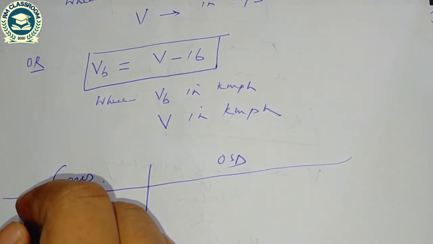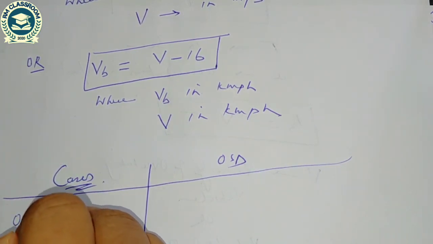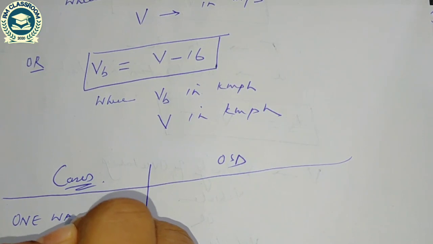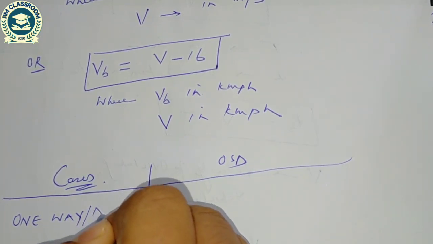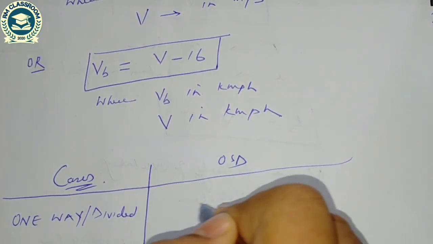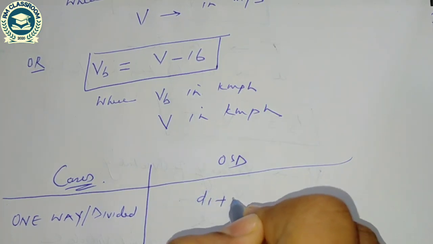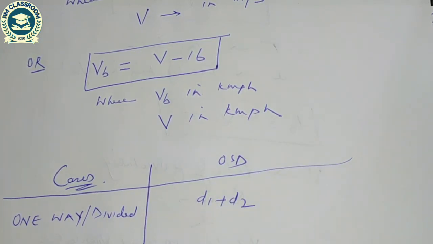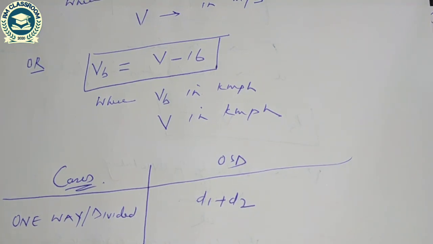If the lane is one way divided, then overtaking side distance will be D1 plus D2, means small vb into small t plus VB into capital T plus 2s.